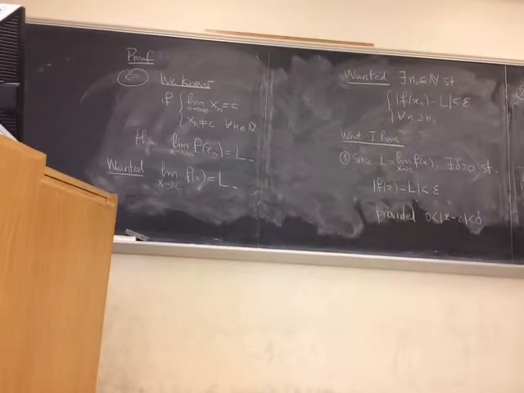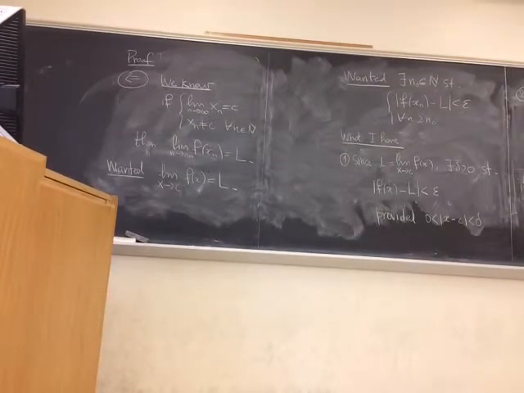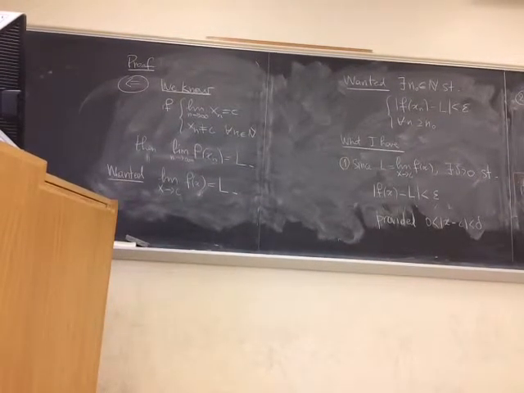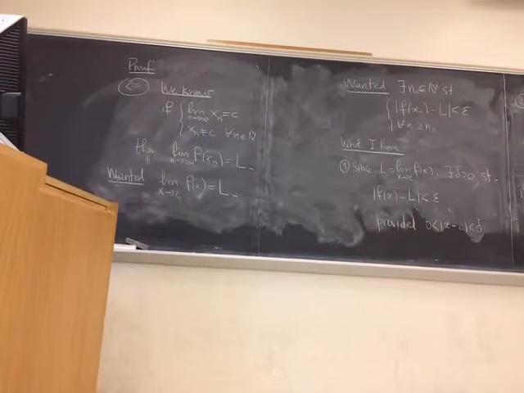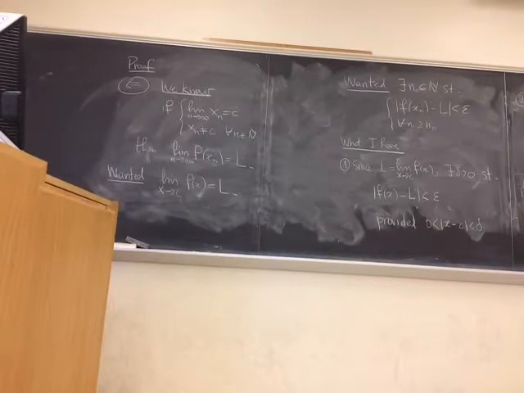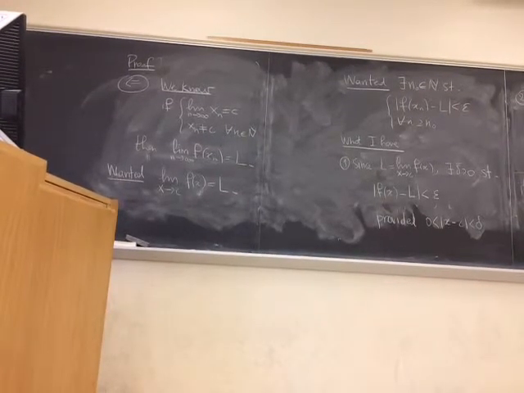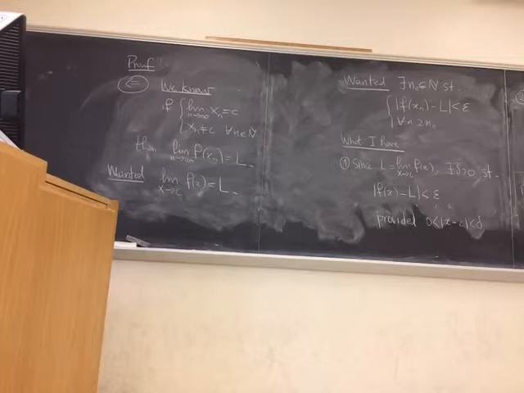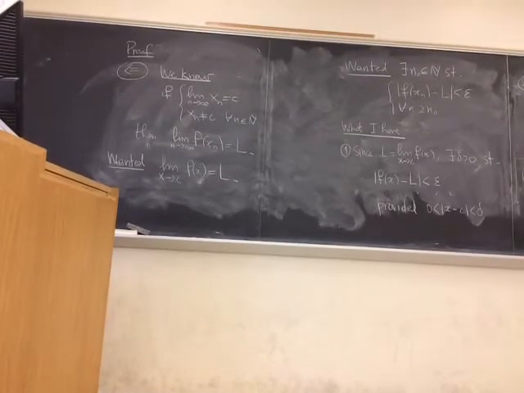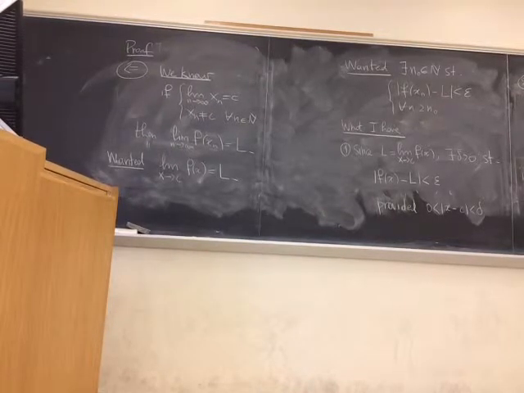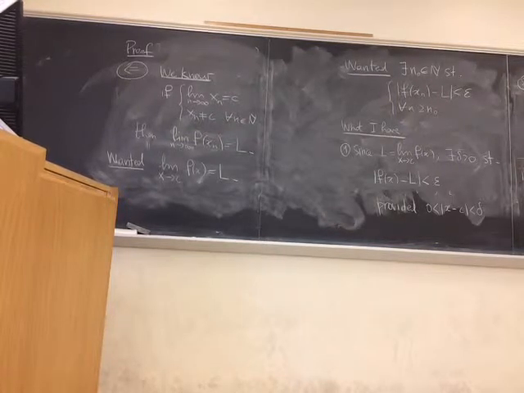And so the unfortunate thing is that there is no direct way of proving that, so you have to argue by contradiction. Essentially what we're going to show is that if the limit of your function is not equal to L, which could be that the limit is some other number or that the limit does not exist, then we can find a sequence of points converging to c, all different from c, such that f of x_n does not converge to L. Okay?